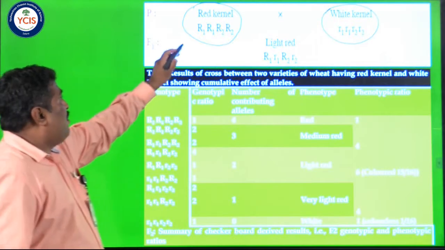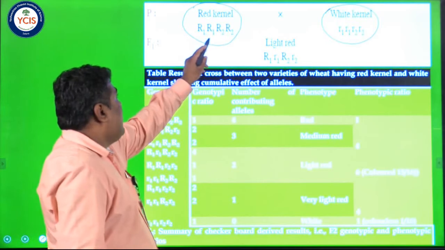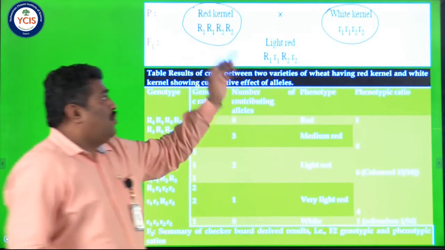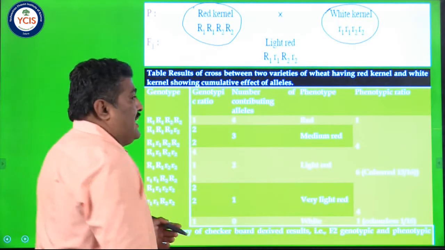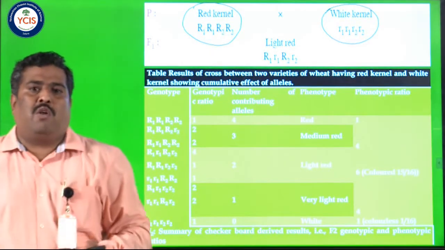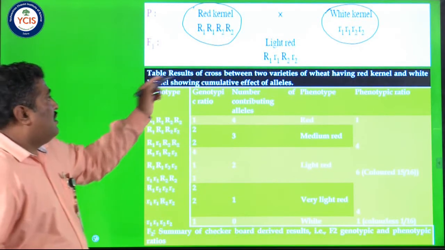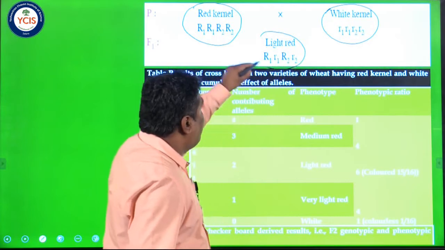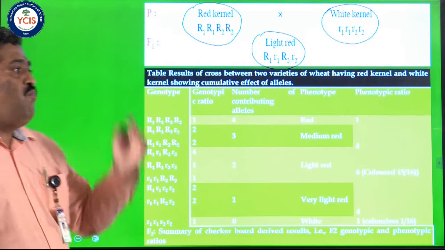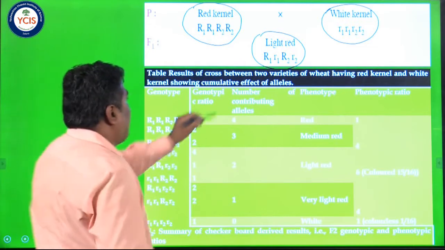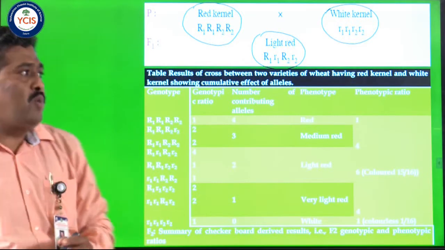The genotype for red kernel color is capital R1 capital R1 capital R2 capital R2, and the genotype for white kernel color is small r1 small r1 small r2 small r2. In the F1 generation, all the individuals were light red in color, with the genotype capital R1 small r1 capital R2 small r2.